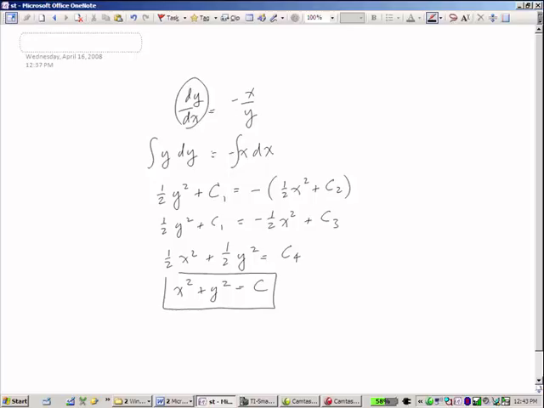In this case, we didn't solve for y because we knew the answer was going to be in the form of x squared plus y squared equals C. So it's not about isolating the C so much as it is solving for what y is equal to after you antidifferentiate. So there's sort of two tiers of what you're going to be doing. First, do the grouping, antidifferentiate, then do the next grouping.